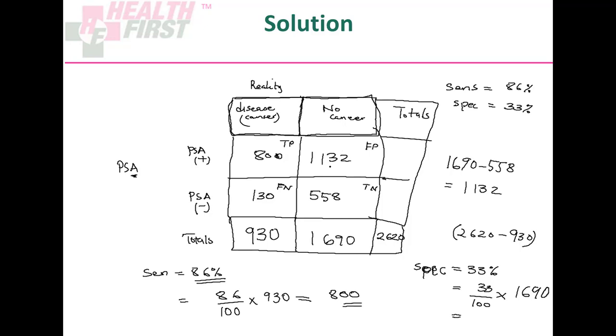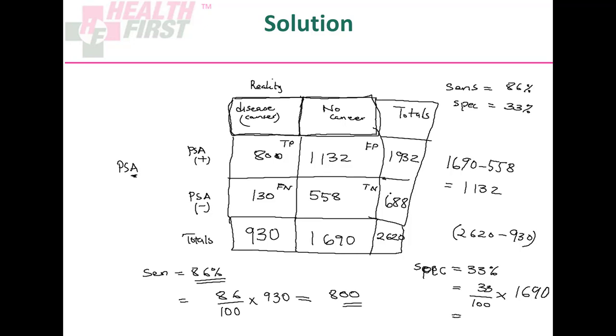So then we are just left with adding up the totals in the rows, and this totals up to 1932, and this totals up to 688. With this information, we have enough to calculate what the question asked for, which is the predictive values.